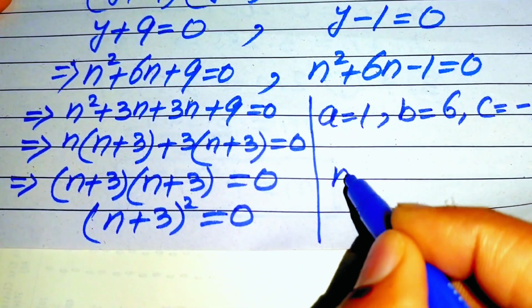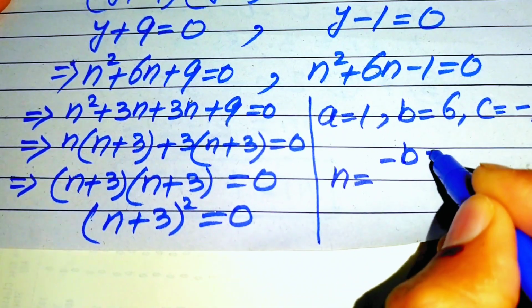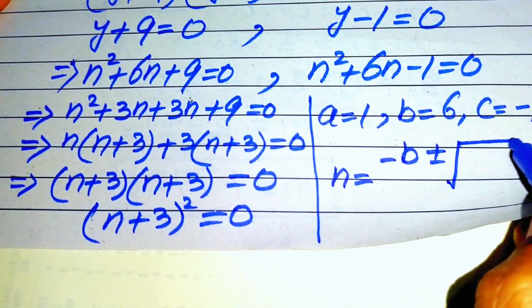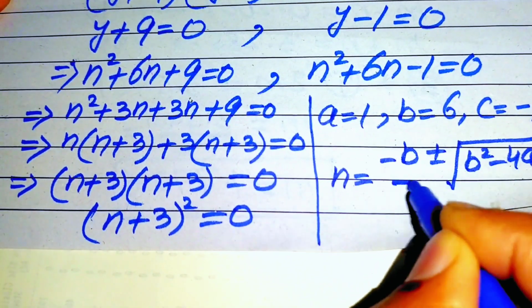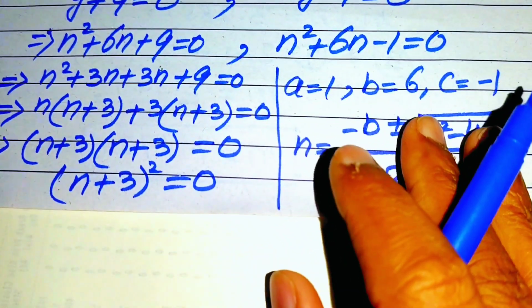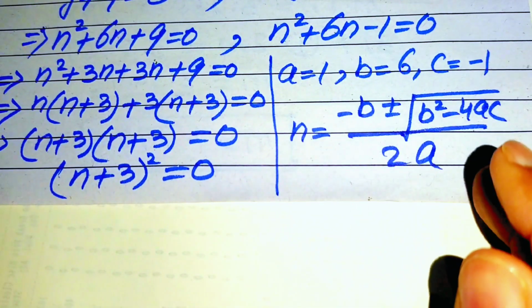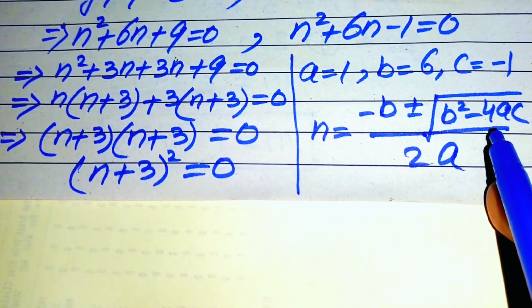And you know that the quadratic formula looks like this form: n equals to minus b plus minus square root of b square minus 4 times ac divided by 2 times a. And now we put all these values of a, b, and c in this formula, and you get the other factors of the given equation in this form.